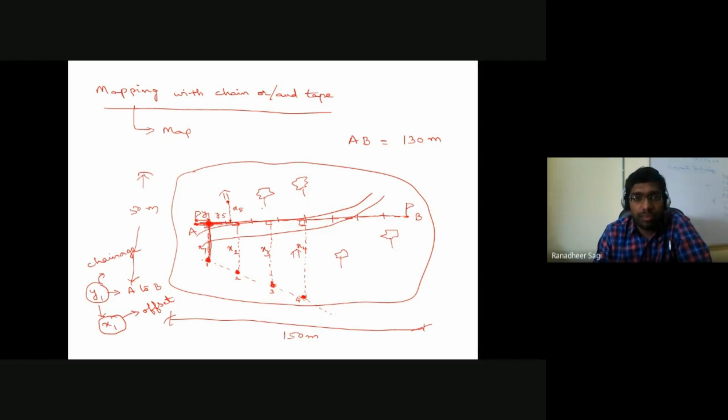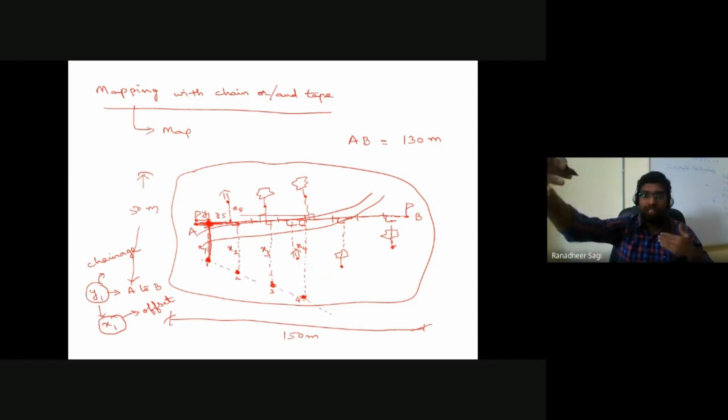And likewise, the position of the tree that I have immediately after the house, and the position of another tree. I'll drop the offsets from these points. I'm setting out perpendiculars onto your survey line AB from the position of your tree, or the position of your house, or whatever they are. By dropping those offsets, or setting out those perpendiculars onto the line AB, I'll measure the offset distances of all those points with respect to their chainage.